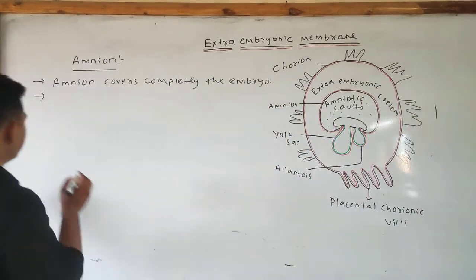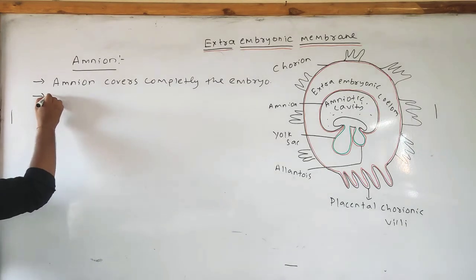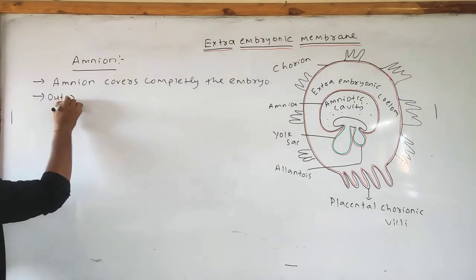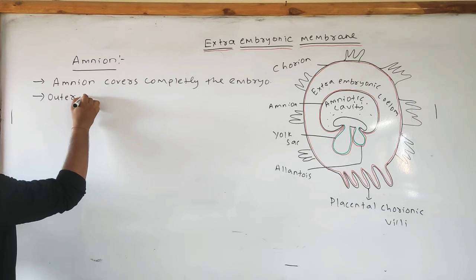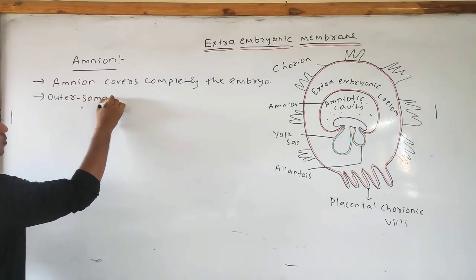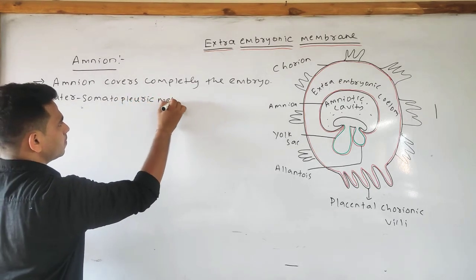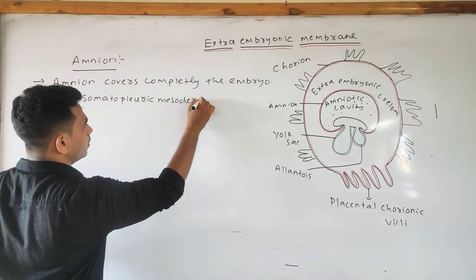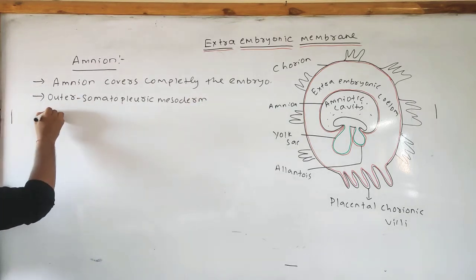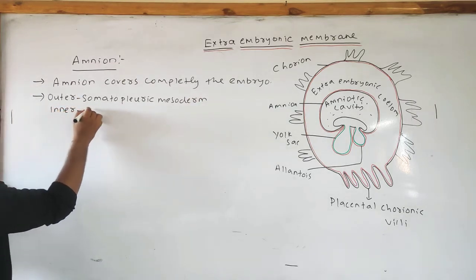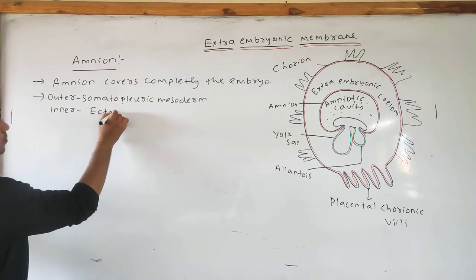So we can write, outer portion is present your somatopleuric mesoderm, and inner portion present your ectoderm.